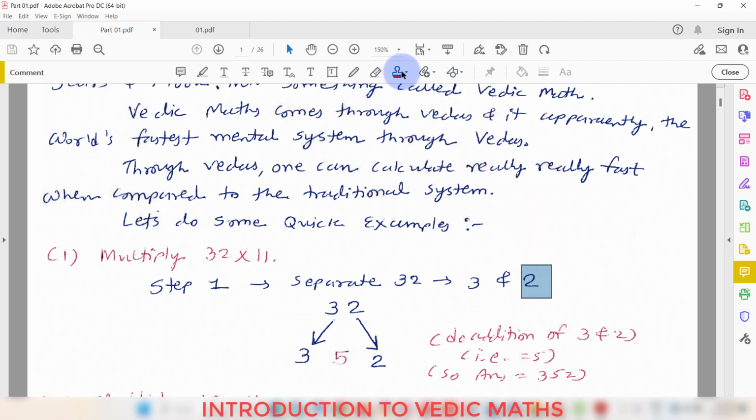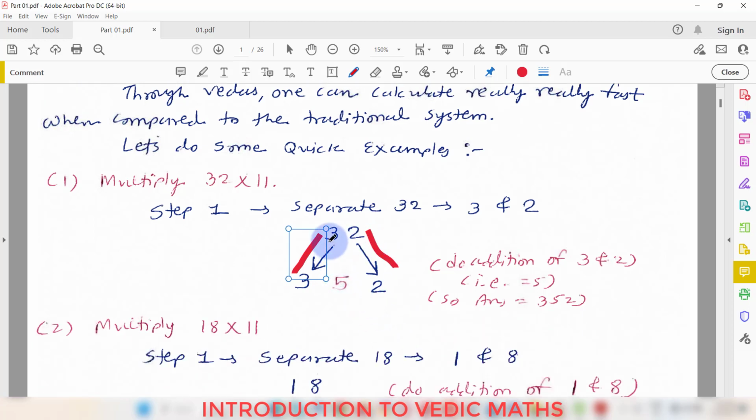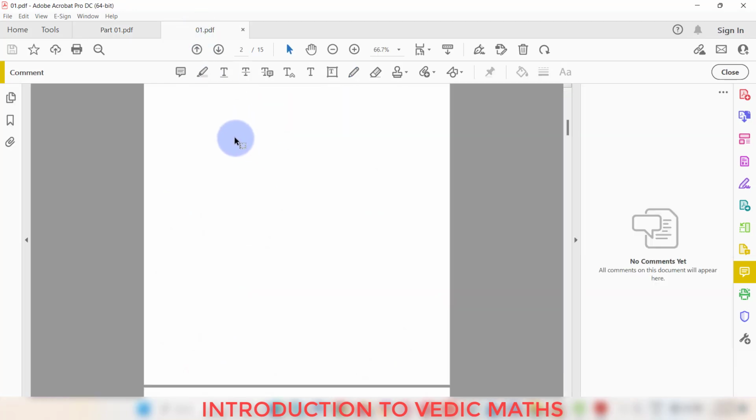Now 3 can be written here, 2 can be written here. What is the addition of 3 and 2? That is 5, so I can write the 5 here. So this is my answer: 352. Very simple, right? Let me show you one more example.